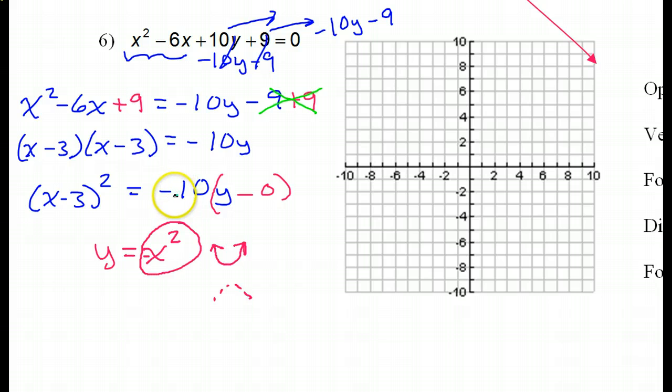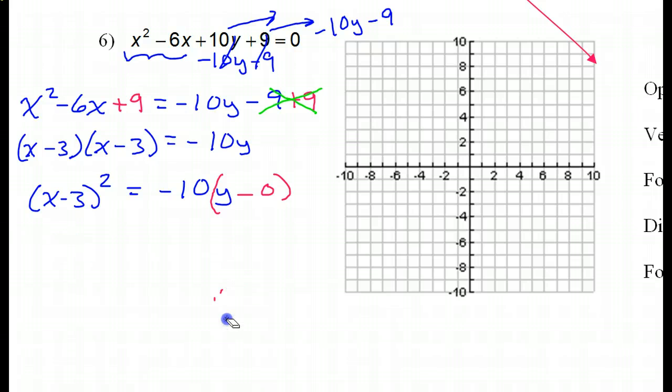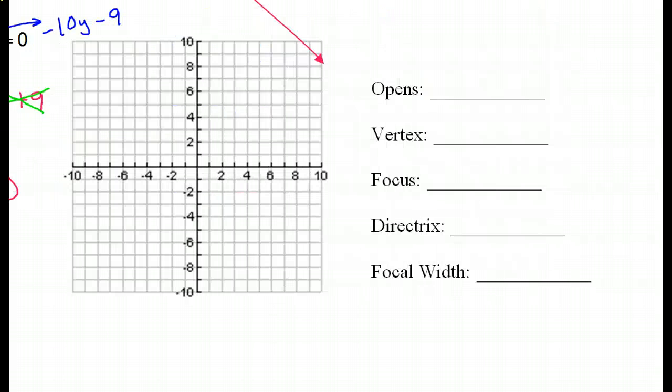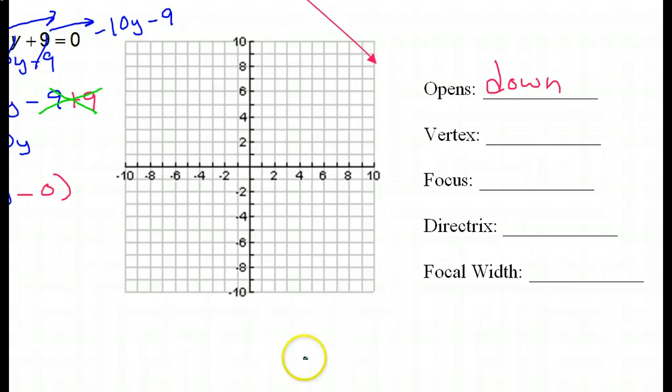Looking at the 10, because that's negative, it will be down. Notice the minus 3 has nothing to do with it. It's all about the 4p number here. So that will be down.